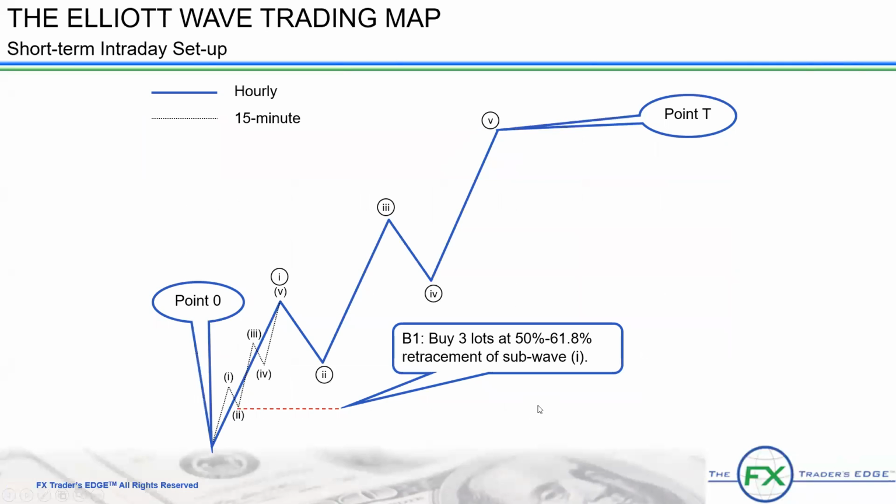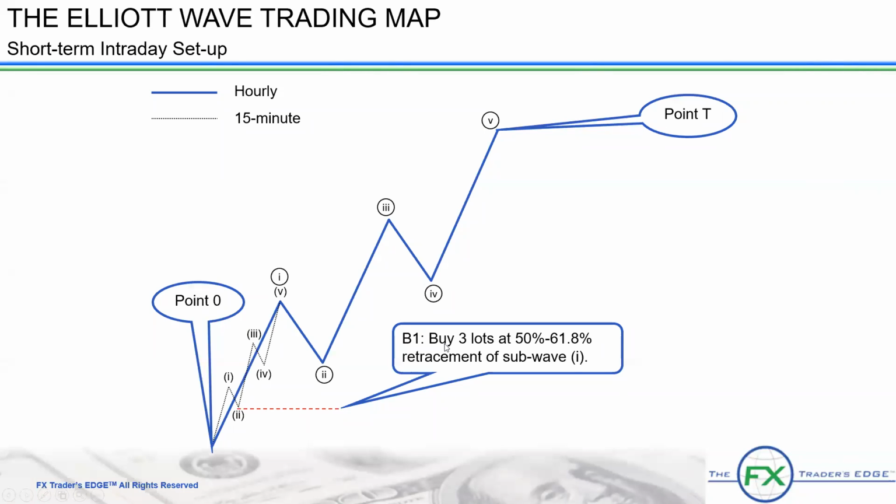So now we start. We're looking at the 15-minute chart. We've gone through our end of trend analysis to find point 0. We have divergence, we've done our channeling, we have our reversal candlestick pattern. And we have a 5-wave move up for wave 1, and a 3-wave move down for wave 2.